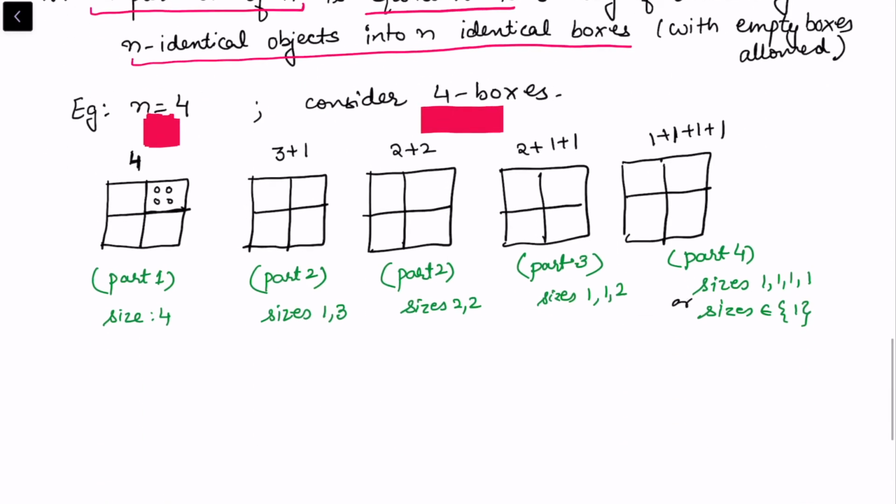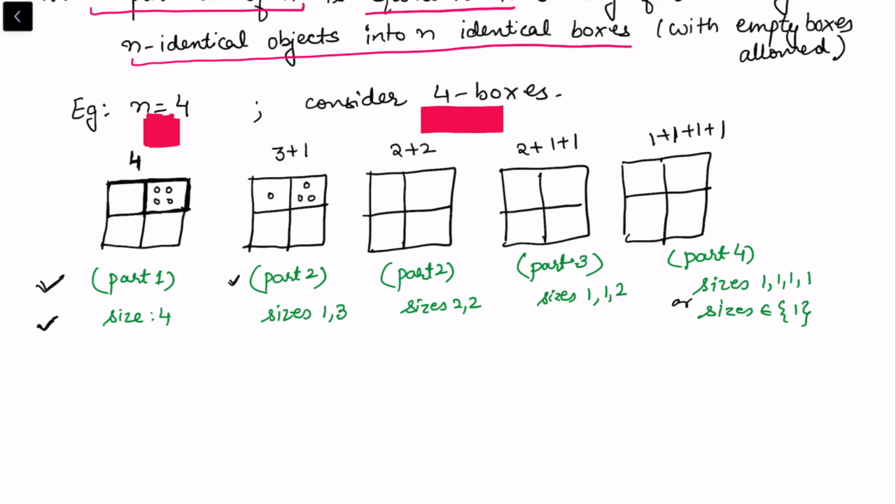Now how do we distribute? In the case of the first, I have shown that since there is only one box, that means only one box, and we place the size. So there are 4 dots or 4 zeros that I've shown here to show the partition of size 4. Now 3 plus 1, there are 2 parts. That means I'm going to use 2 boxes. In one box the size is 1, and in another box the size is 3.